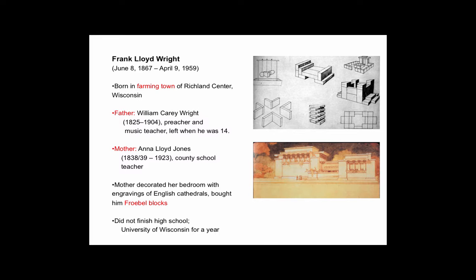His mother was a county school teacher. His mother decorated her bedroom with etchings of English cathedrals while she was pregnant. She wanted to get him started early as an architect. So the plan was from the beginning he'd be an architect.